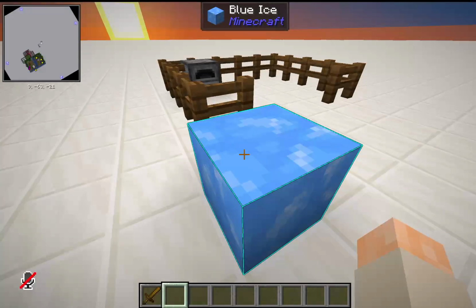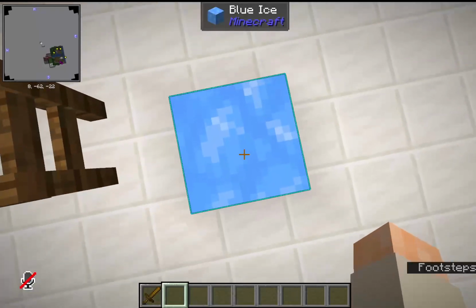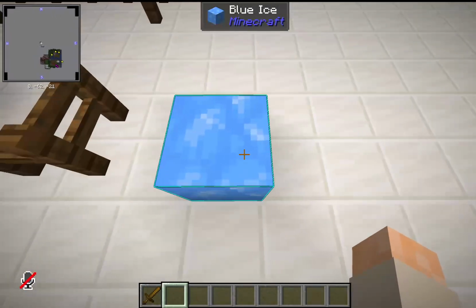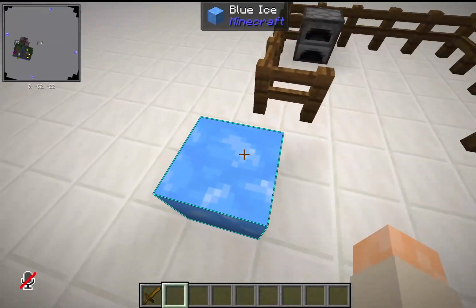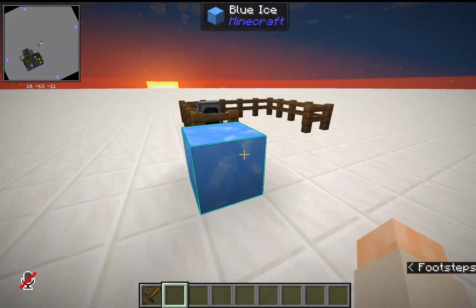Negative 273.15 Celsius. That is the theoretical limit which they could get. Now, this is just the coldest block in Minecraft, blue ice. I use this to represent it, but it's not even really a good representation. It's just the coldest block that I could find.